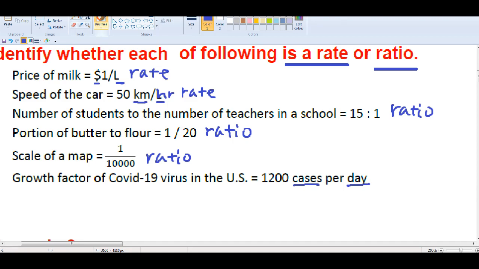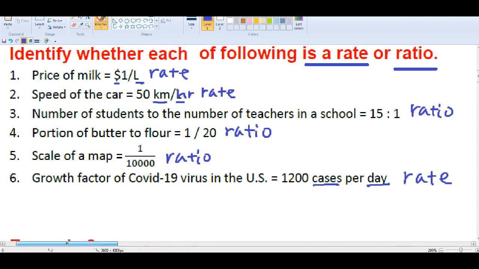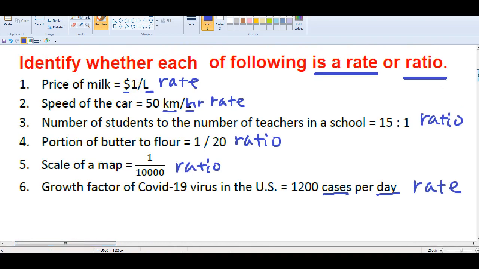That's not a very good number, but it's what happens. So, rate or ratio? You see the units. Day is time. Cases is number. So it should be rate. That's how we could identify rate and ratio.